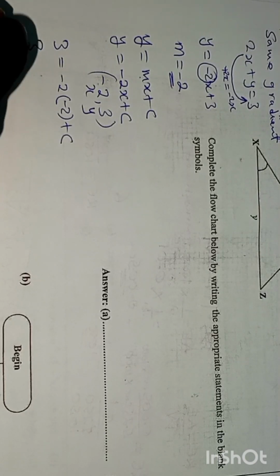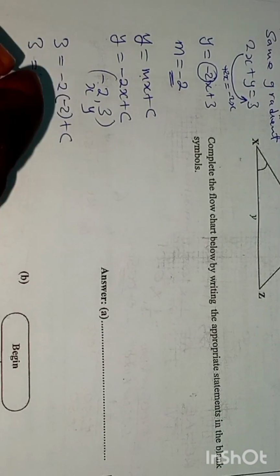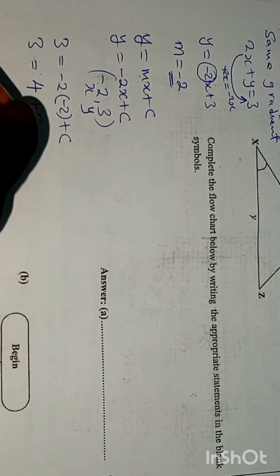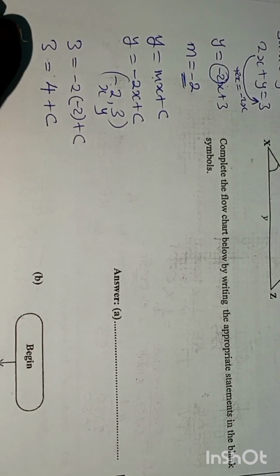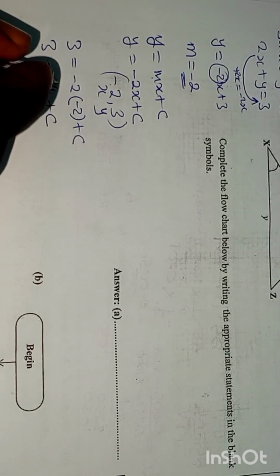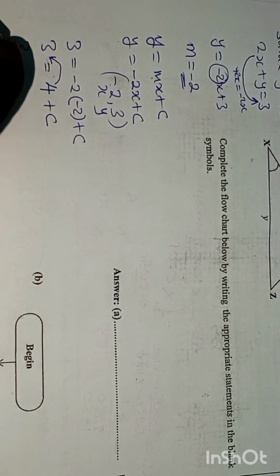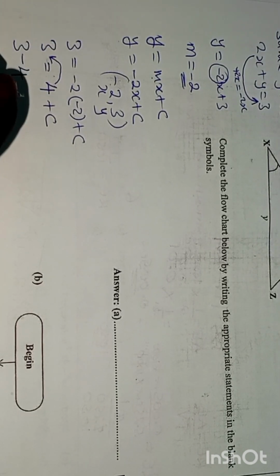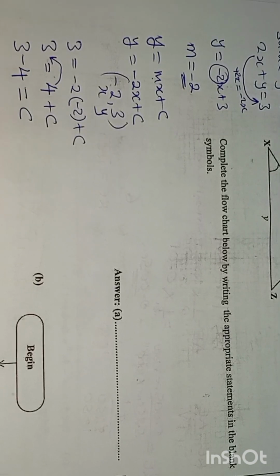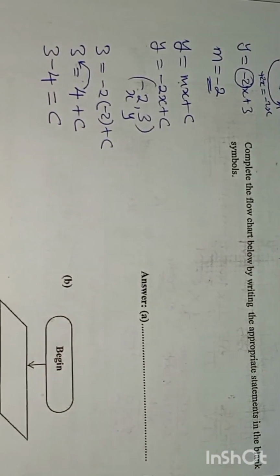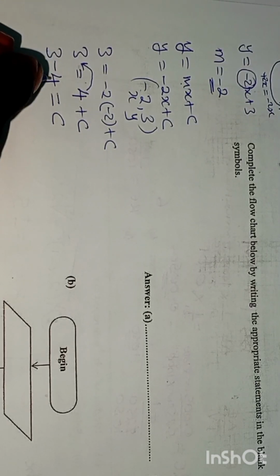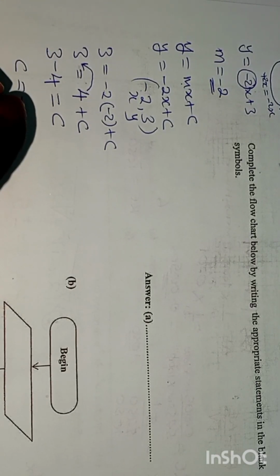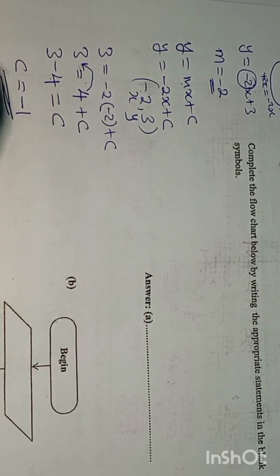So 3 equals negative 2 times negative 2, plus 4, plus c. I'll make c the subject of the formula. So 3, this is plus 4. When it comes here, it will be negative 4 equals c. So c equals 3 minus 4, that is negative 1.